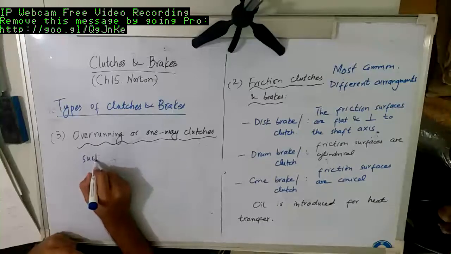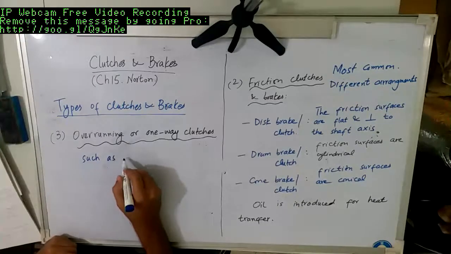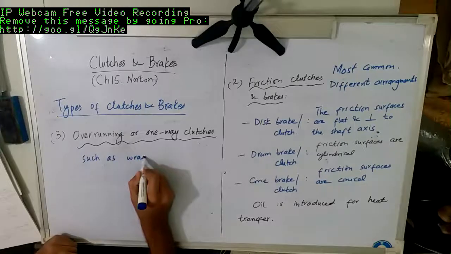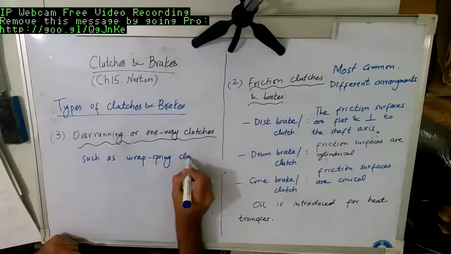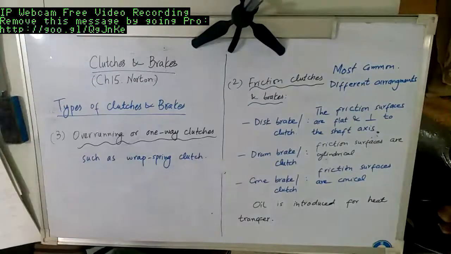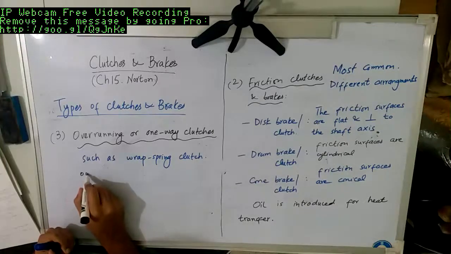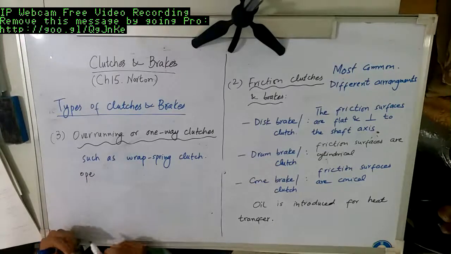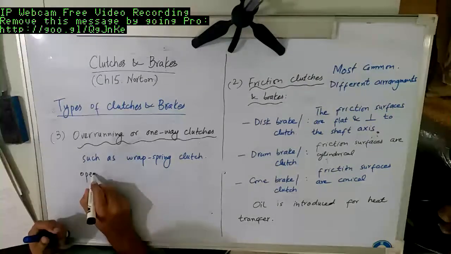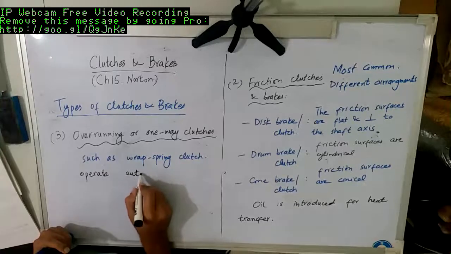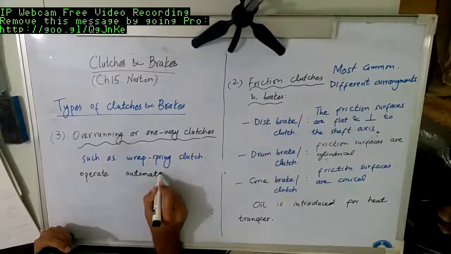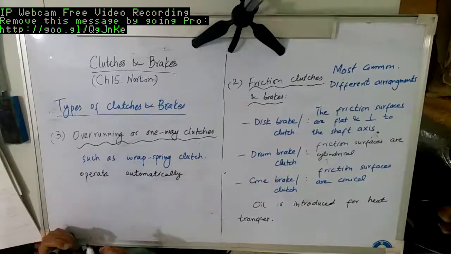So one example that is given in the handouts is called a wrap spring clutch, and these actually operate automatically based on the relative velocity of two elements. So now what does that mean? I'll explain shortly.